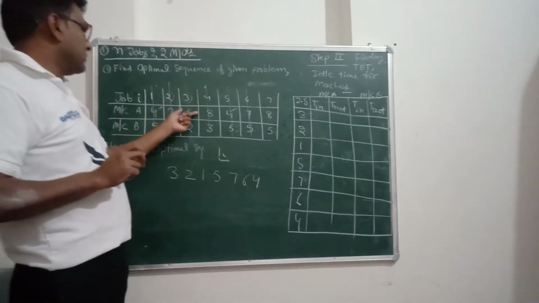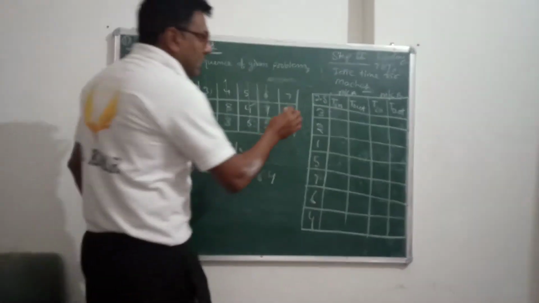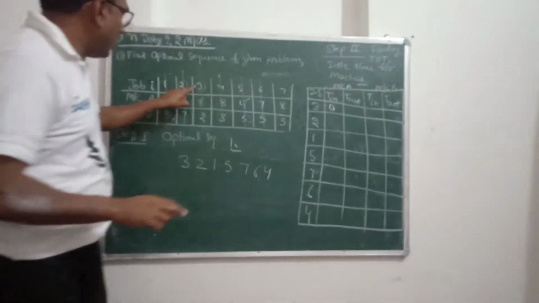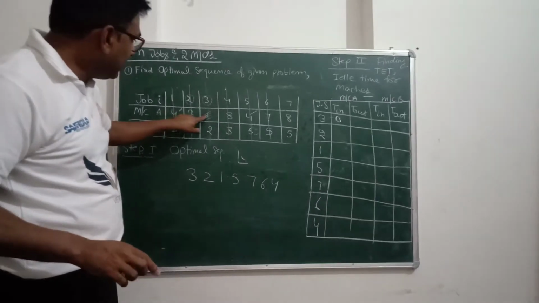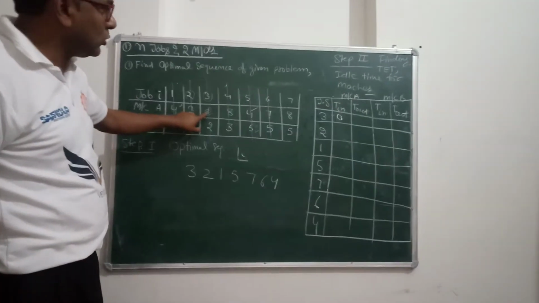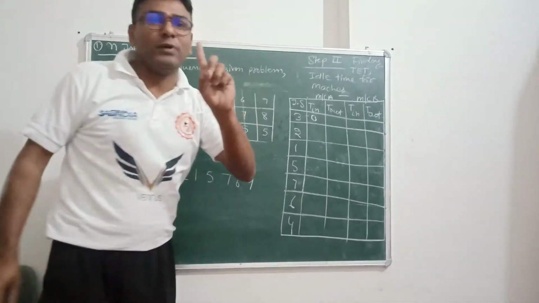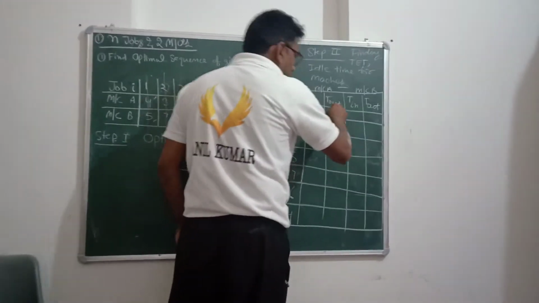So for job number 3, the in time will be 0, and job 3 has only 1 minute of processing time. So if it enters at 0 and takes only 1 minute, then the out time will be 0 plus 1, that is 1 minute.